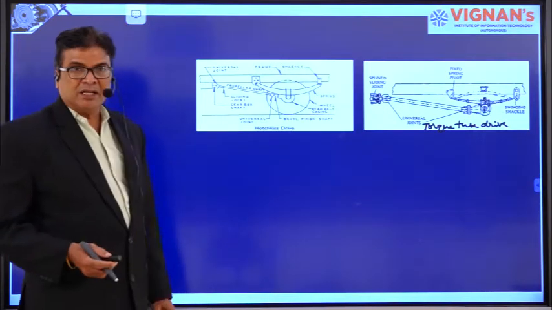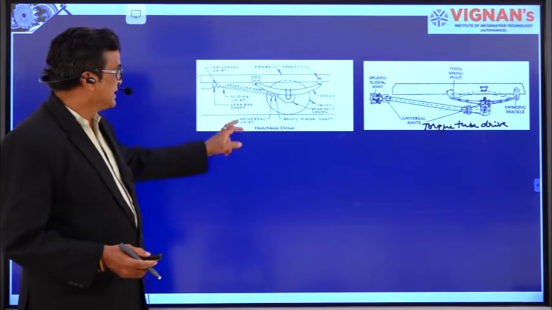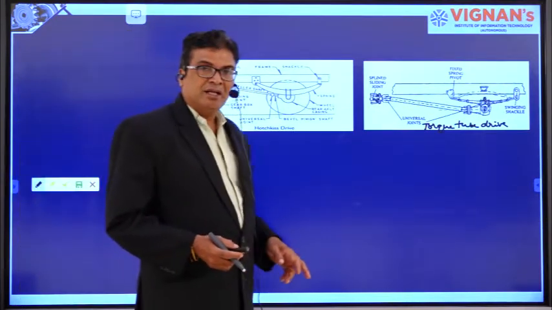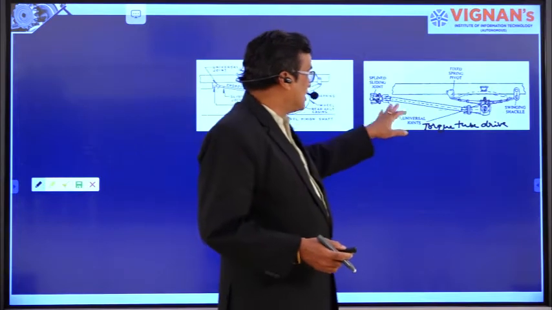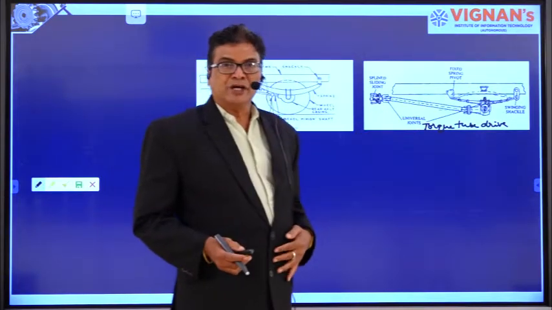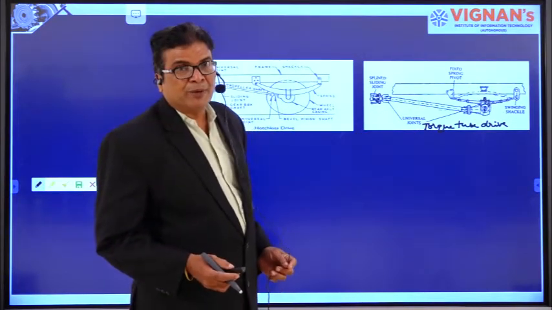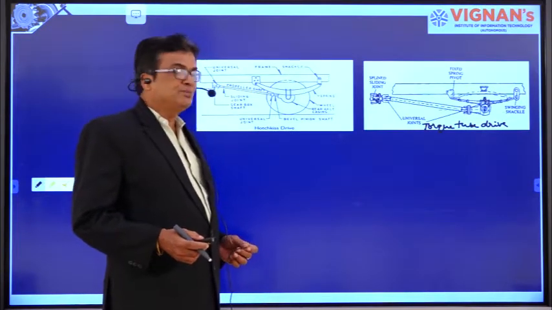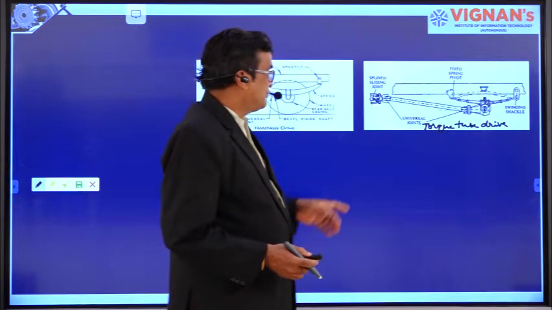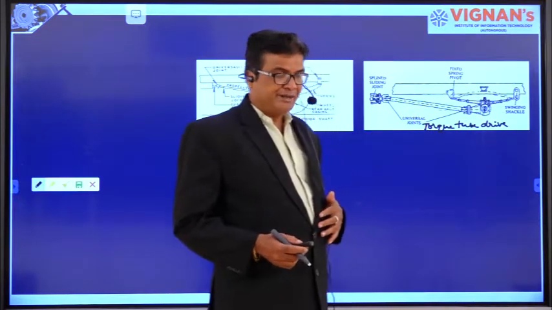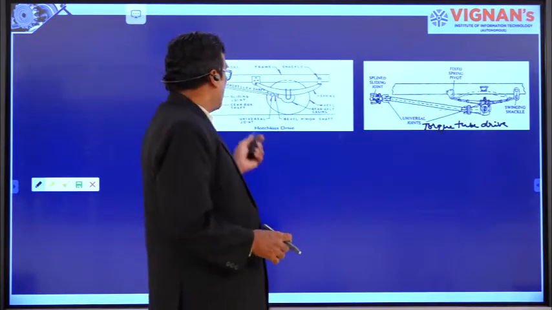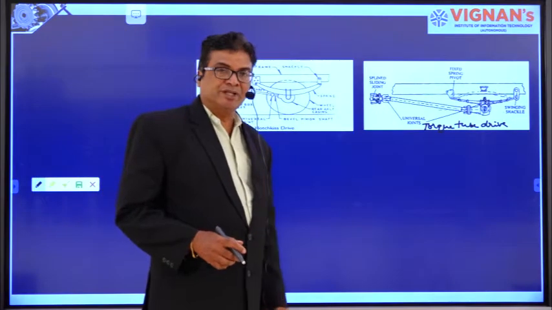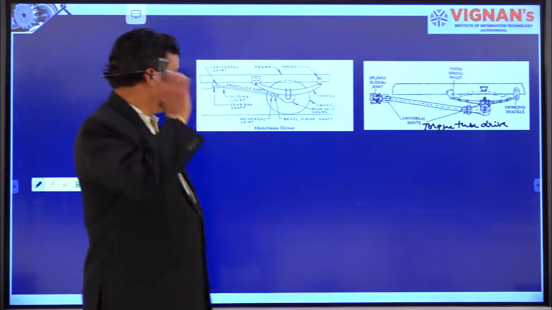The rotation of the propeller shaft is visible in the Hotchkiss drive, and is not visible in the torque tube drive, as the propeller shaft is concealed inside the torque tube with the help of bearings inside. A hollow propeller shaft is used in the Hotchkiss drive, and a solid propeller shaft is used in the torque tube drive.